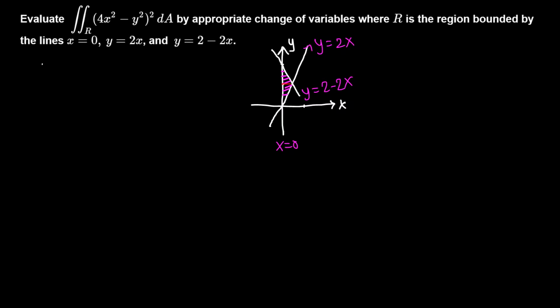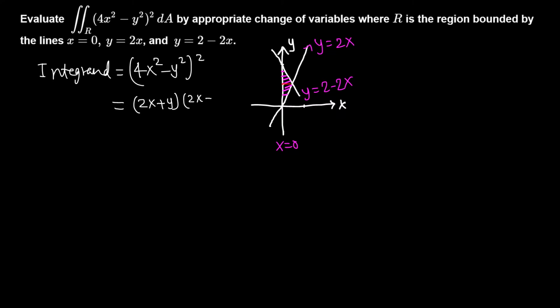Okay, so the integrand is (4x squared minus y squared) quantity squared. Inside this is a difference of two squares, so this is (2x plus y)(2x minus y), and we have the quantity squared. That means they square both.